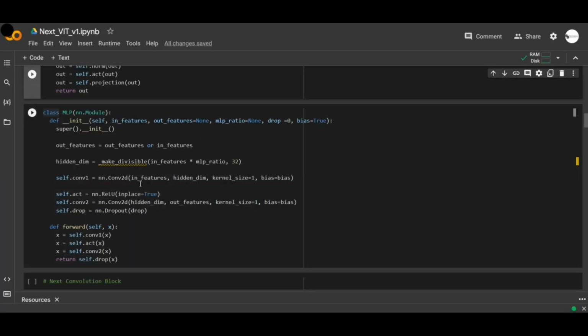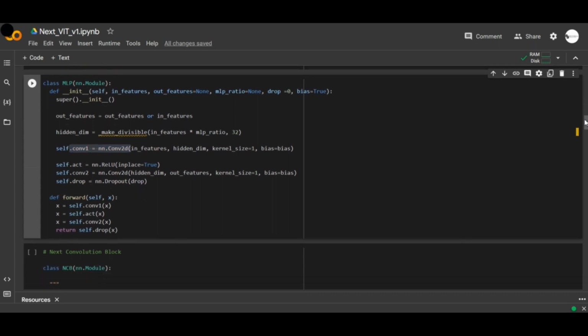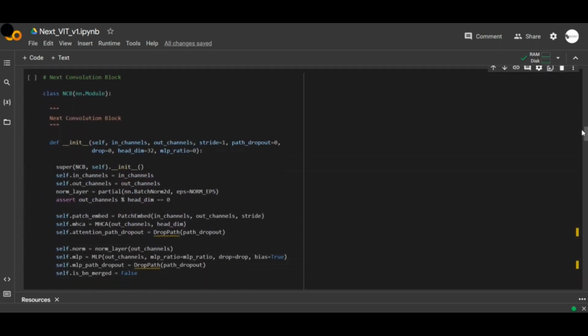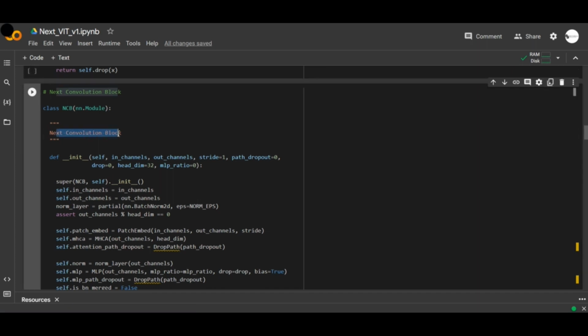This is self-explanatory, all these components that we're applying inside here. This is what we call a channel multi-layer perceptron. I think in the MetaFormer paper, that's what they call it. Then here we're just combining all of these components that we spoke about into one block, and we call this block the next convolutional block.